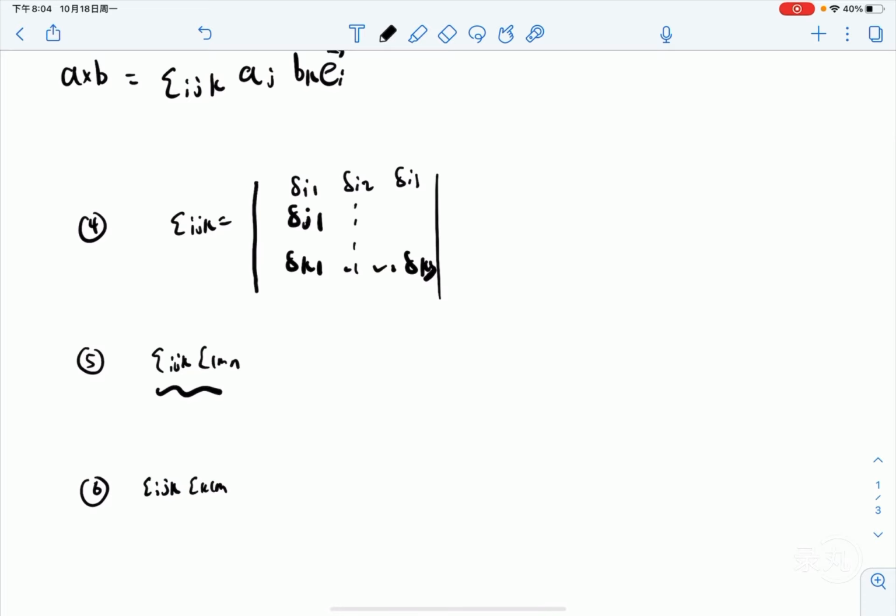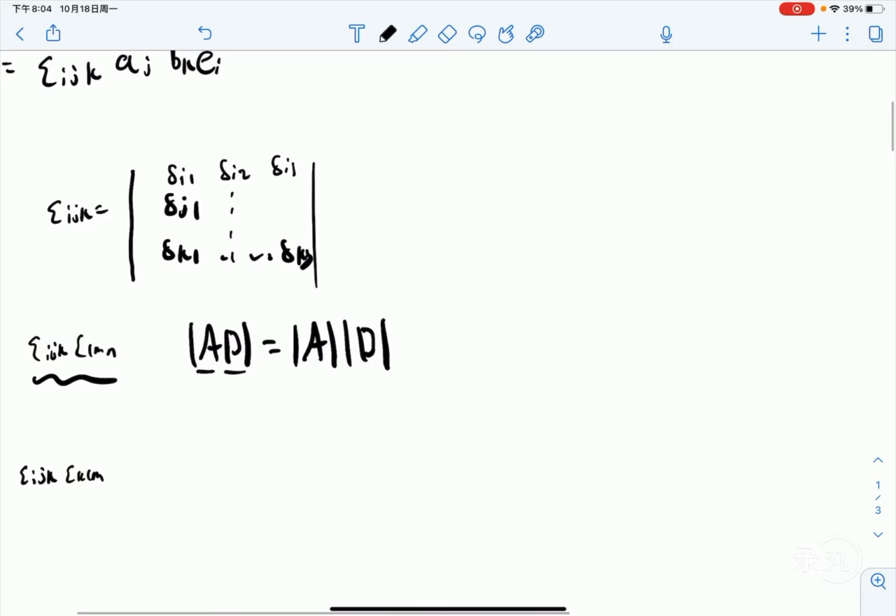And going on, we're going to take a look at this and what it is equal to. So you actually need to know a theorem, and it is that the determinant of matrix A times B is equal to the determinant of A times the determinant of B. And for this proof, just check out the video by 3Blue1Brown, in the Essence of Linear Algebra.